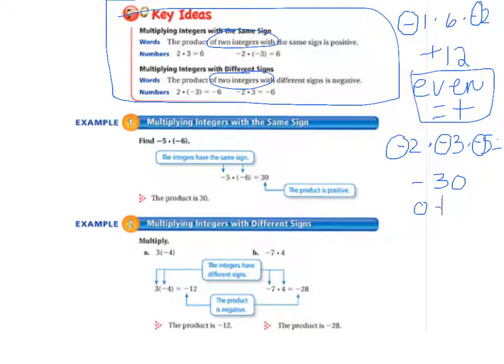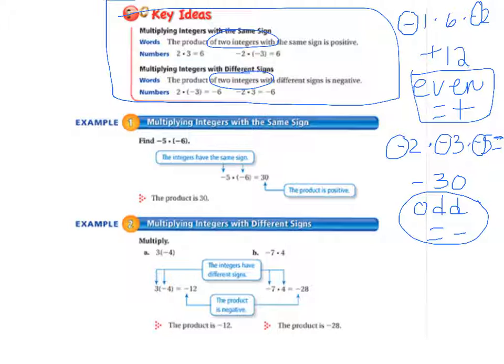So if there's an odd number of negative signs, then your answer is going to be negative. So be sure you make a note of that in your notebook so that you understand how to figure out the sign of your product.